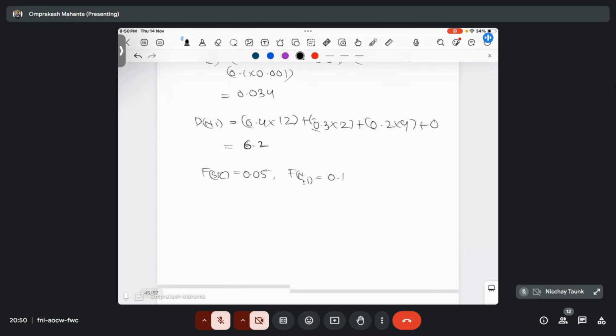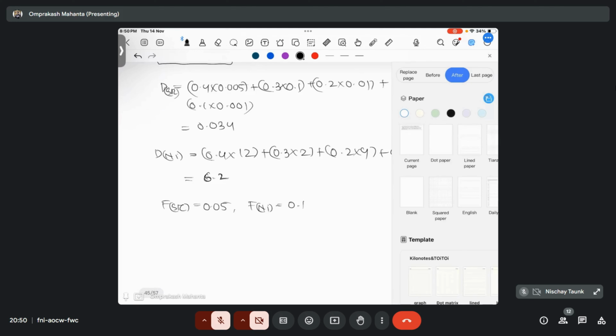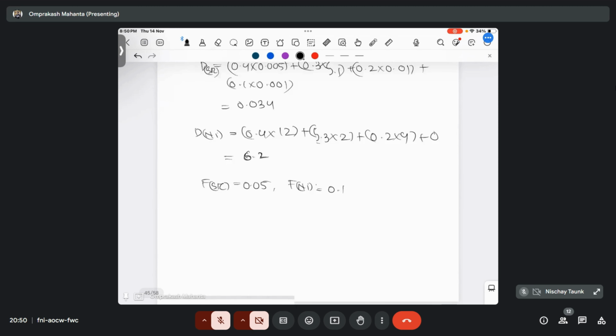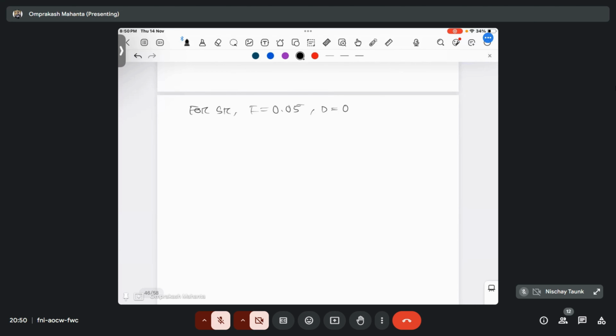Okay, so let's calculate the Cl value first. We are calculating the Cl value for Sr, that is strontium, first. F is here 0.05 and D is 0.034.